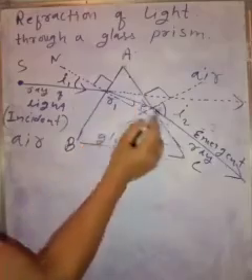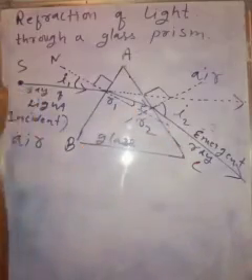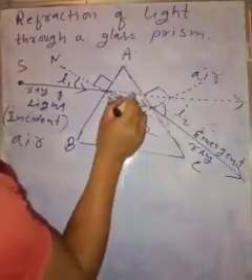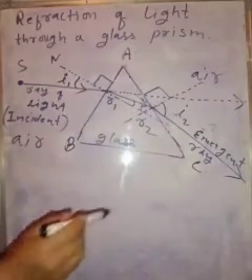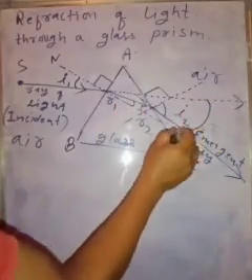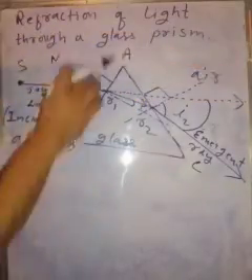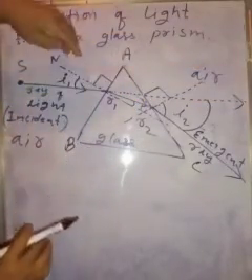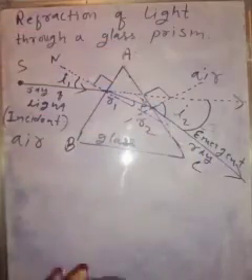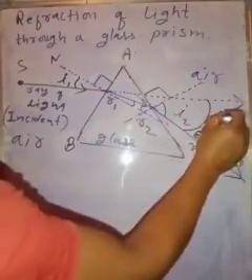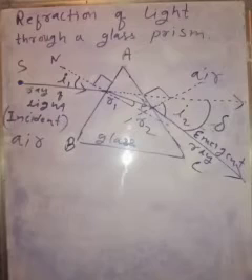Now between the emergent ray and the first original direction, there is some angle or deviation. This was going in this direction, but due to the presence of your prism, it will bend downward. So there is an angle. This is called the angle of deviation, which is called delta.